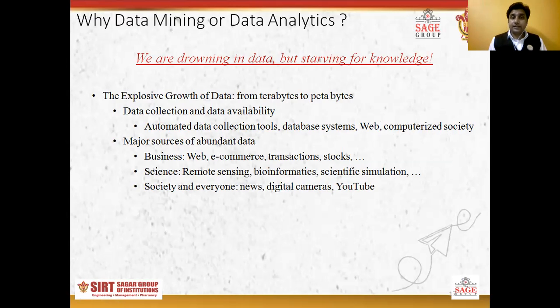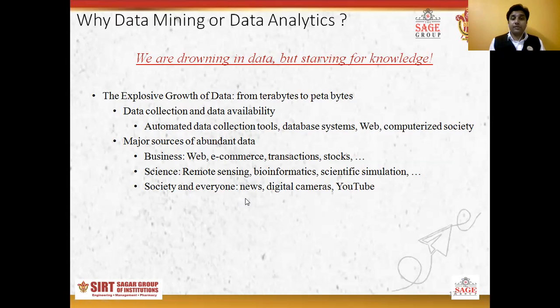Online shopping sites, e-commerce, different transactions like your ATM transactions, Paytm transactions, Google Pay transactions, PhonePe transactions, stock market, science, remote sensing, bioinformatics, scientific simulations. You see that most organizations apply a biometric thumbprint attendance system. That is also a source of data origin.